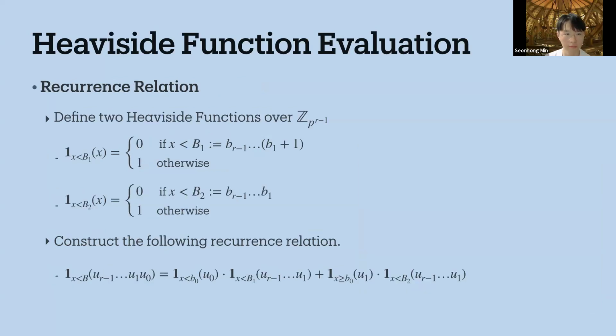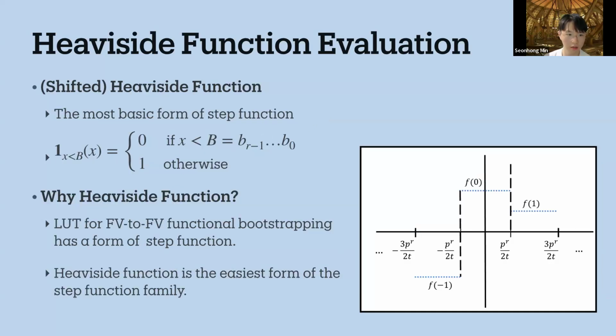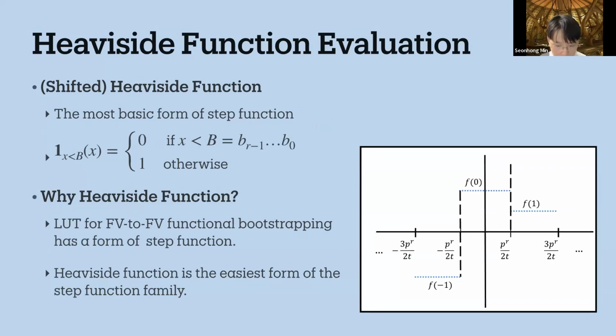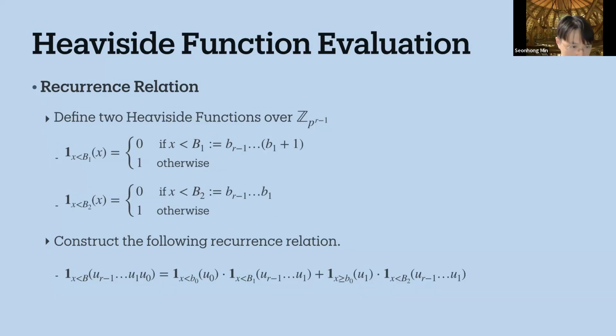So, firstly, we observe some recurrency relation. Given this Heaviside function with bound B, you can define two Heaviside functions using this bound B. Let's say that the bound B can be written as b_{r-1} ... b_0 in digit p expression.